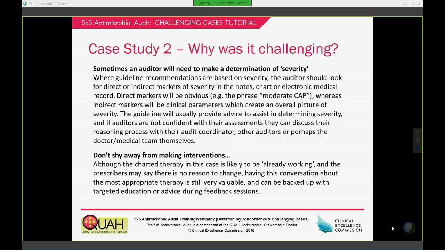In this case, it is likely that therapy is already working, and that might be the response that you get from prescribers saying there's no reason to change the therapy. But having that conversation about what is the most appropriate therapy and why is still very valuable, and that process can actually be backed up with targeted education or advice during some feedback sessions. So I might just stop there and see if anyone has any questions about the first 2 cases.